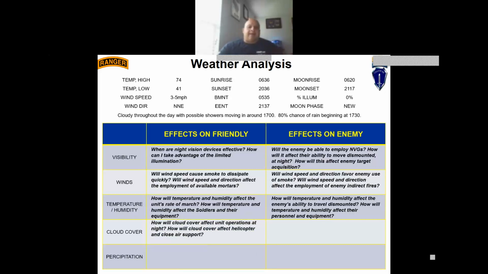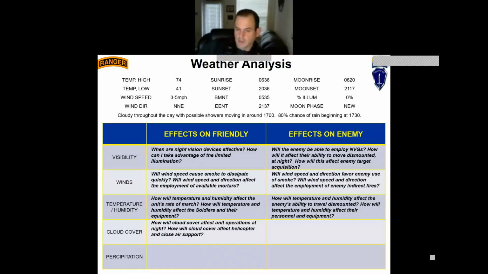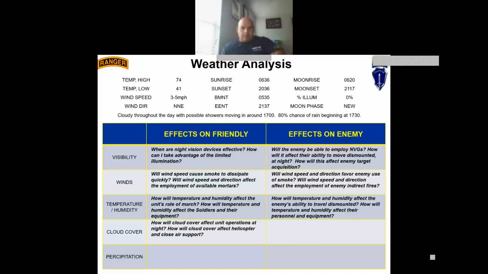Okay, someone answer this one: friendly effects with cloud cover. To limit your ability to get air support. Right, because of helicopters, because we're expecting rain.